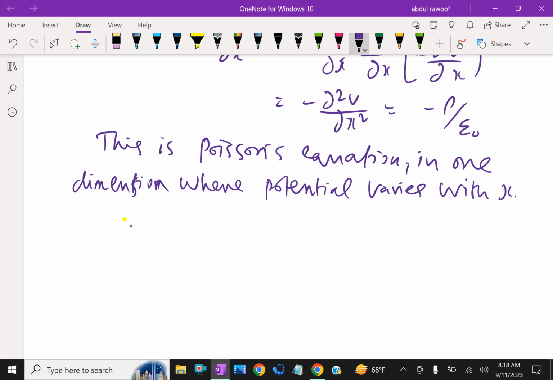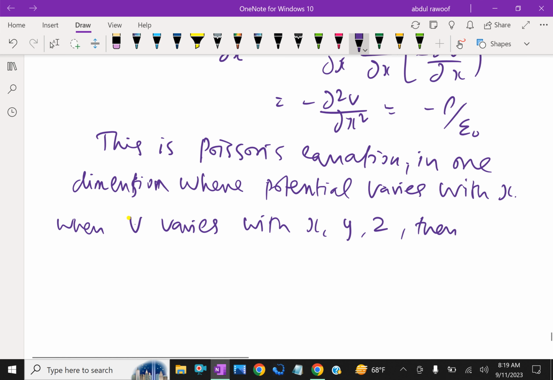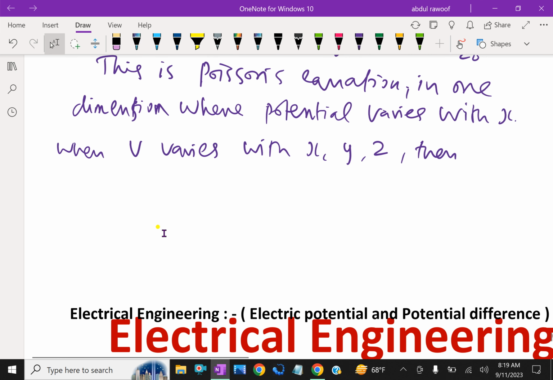Suppose the voltage varies with x, y and z directions, that is in space.